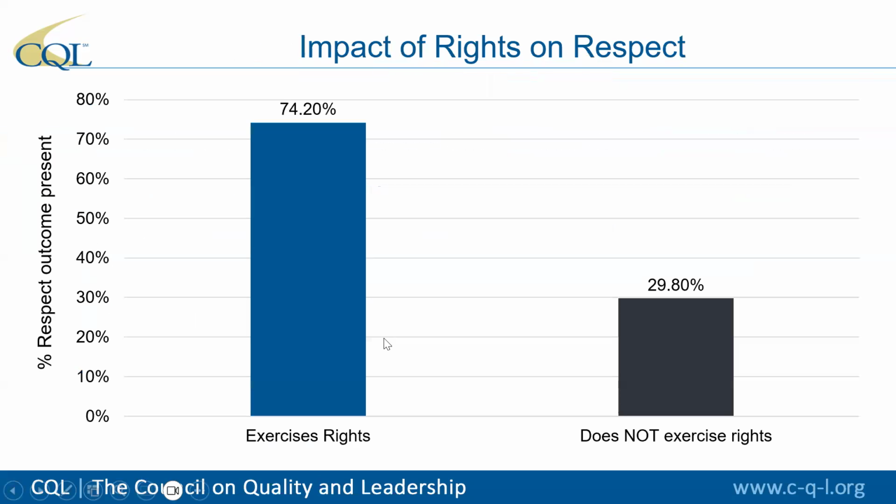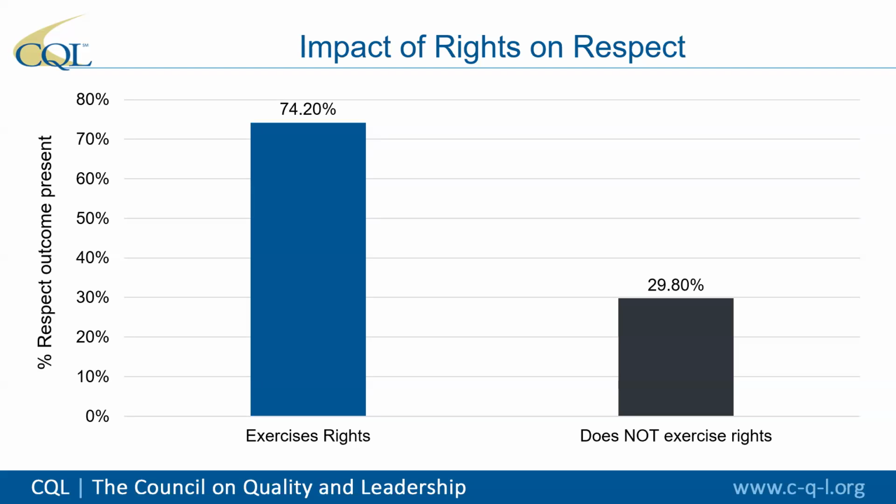Now, the reason I brought up rights restrictions as something you might look at is, with our example here, why is that information important? Because we want to know why we're collecting something. If you look at this information from CQL, this is from a lot of our POM data in our portal database, and we learned that there is an impact of rights on respect.